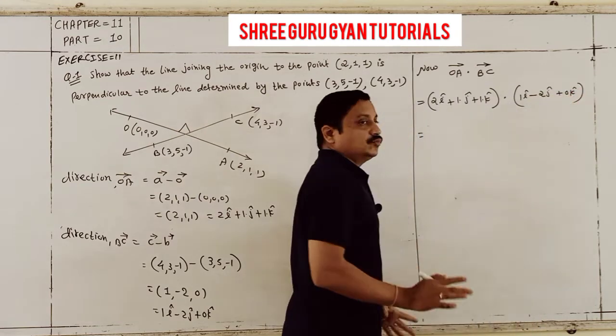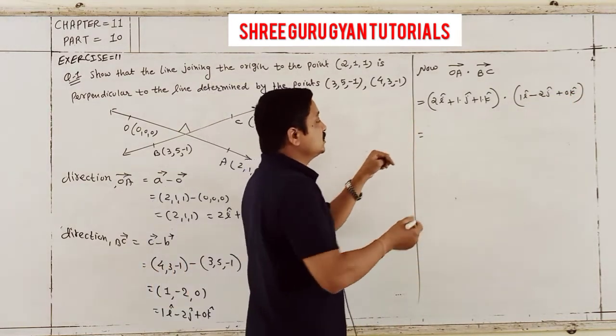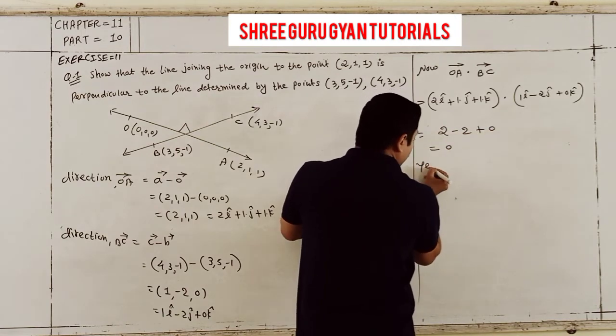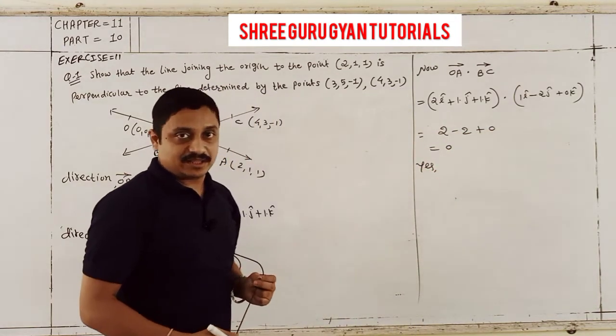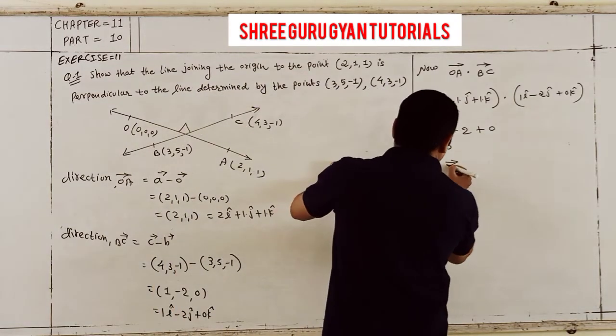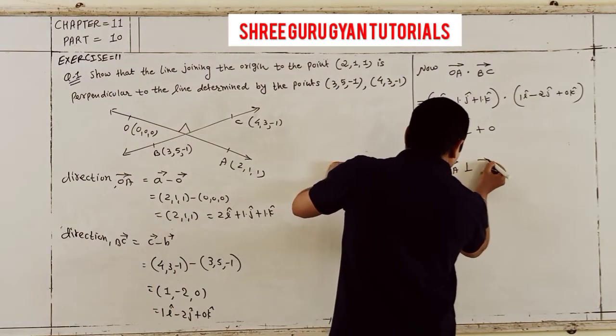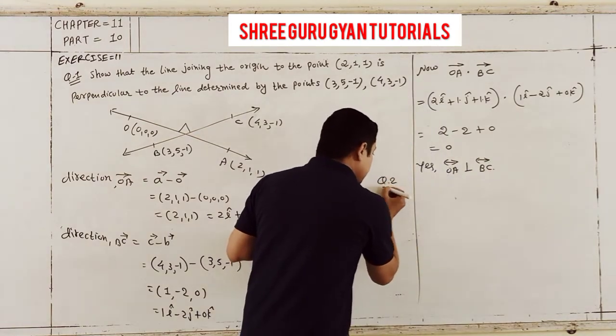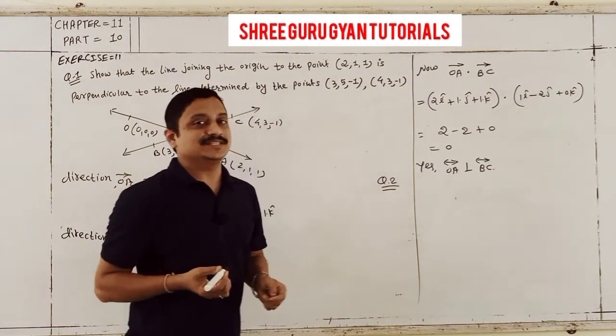Here students, you take the dot product: 2 ones are 2, minus 2, plus 0, which is 0. Yes, confirmed. We show that the line O to A is perpendicular to the line BC. And here students, your question number one is happily and easily done.